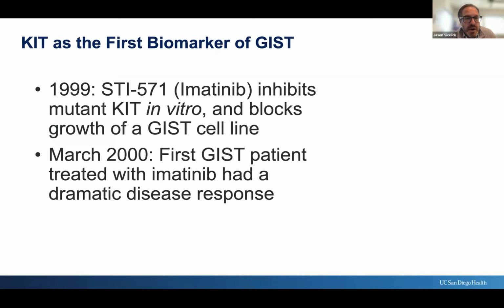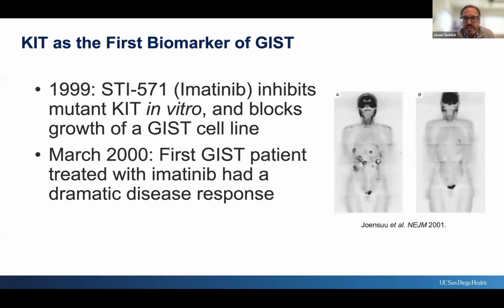And so in March of 2000, the first GIST patient was treated with imatinib and had a dramatic response to therapy. This is from the New England Journal of Medicine paper published by Heikki Joensuu, where you can see that all these black spots on the left side in panel A are tumors that are lighting up on the PET scan.